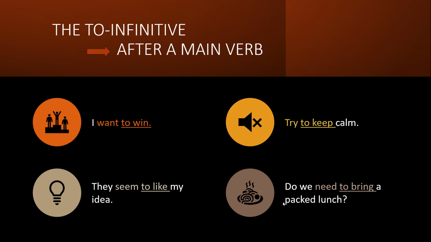Try to keep calm. Try is the main verb. To keep is the second verb. So it is again put in the to infinitive. They seem to like my idea. Seem is also the main verb. To like is the second verb. Do we need to bring a packed lunch?